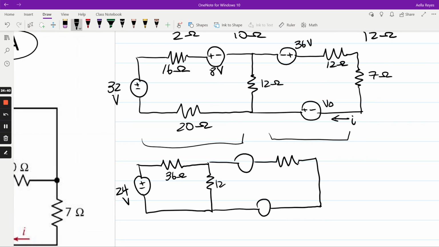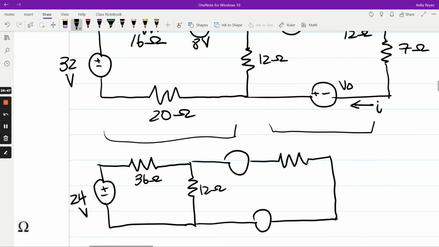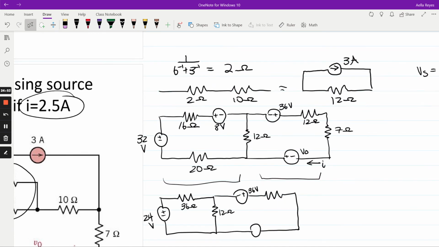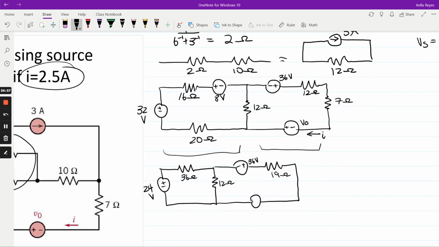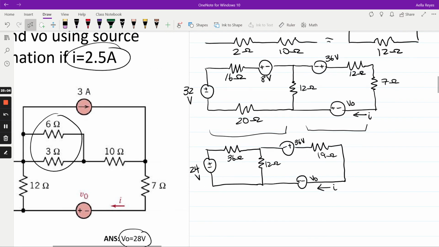This is still 12 ohms. This didn't get added in because it's in parallel with everything else. This is still 36 volts. These two resistors got added, and this one is now 19 ohms. And this is still our original VO with our original current.